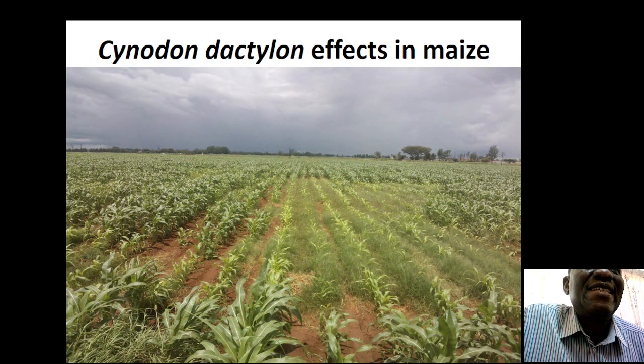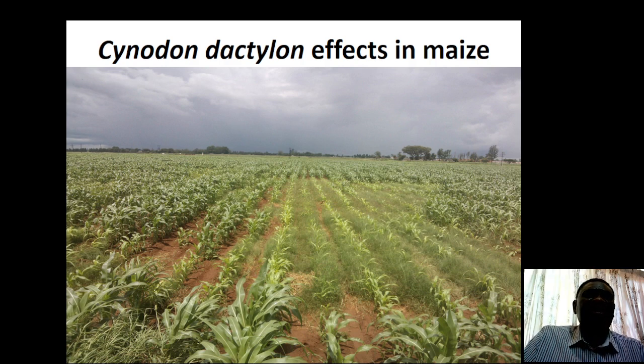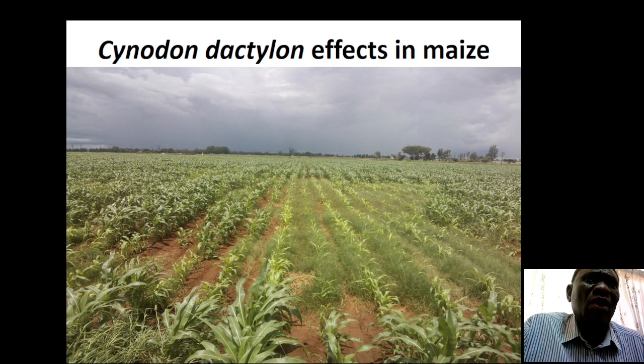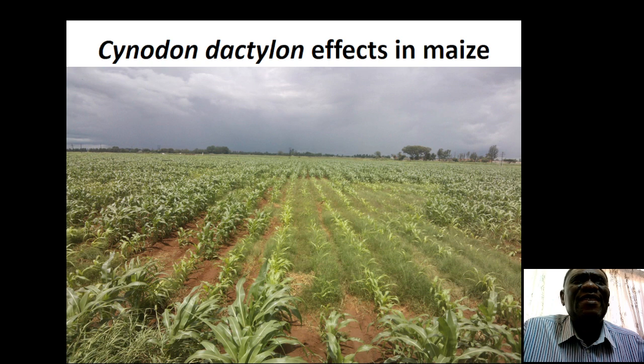Now, in some cases, we see couch grass in fields. Where you see couch grass, there's a characteristic impact on the maize. You can see here maize with very short stems, and along with it we can see the Cynodon dactylon.